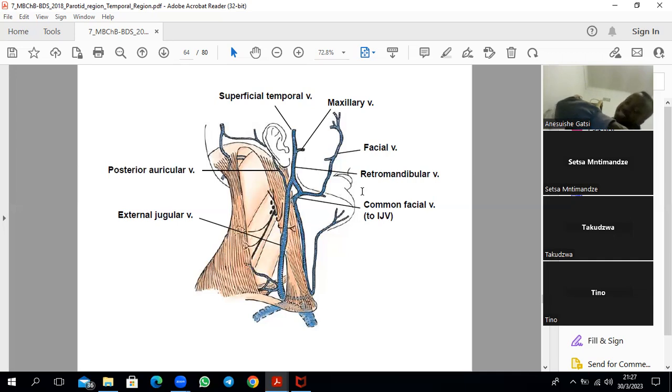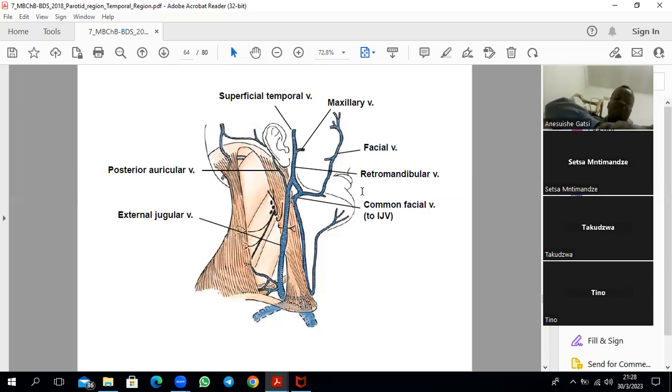Then the anterior division of the retromandibular vein will join the facial vein and they form what we call the common facial vein. They do not form the internal jugular vein. They form the common facial vein.